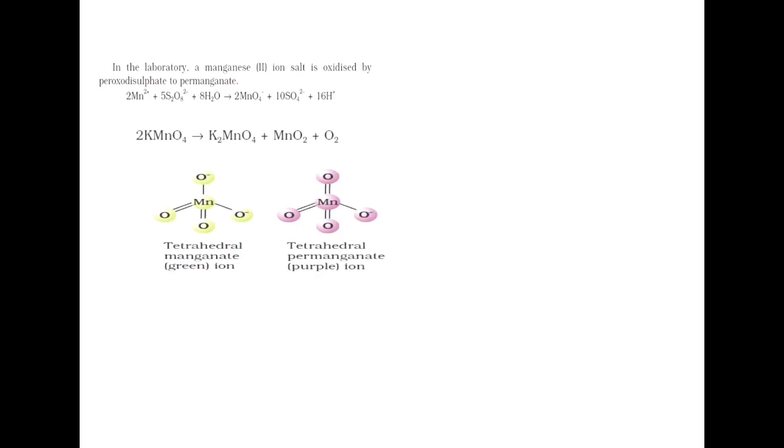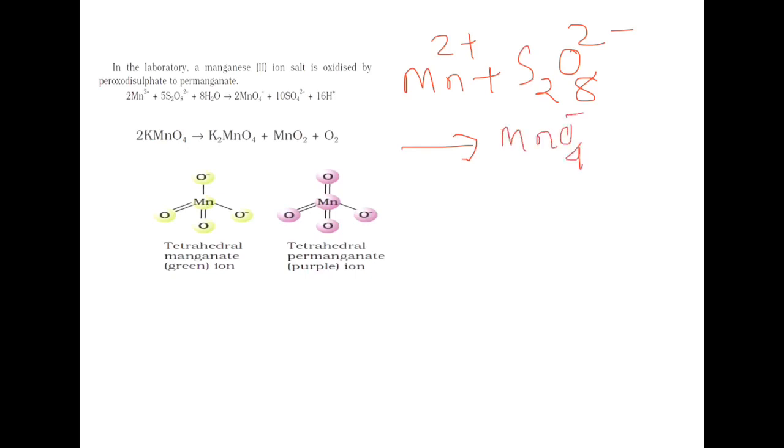The permanganate is also prepared in the laboratory. If we use Mn2+, manganese sulfate, on reaction with peroxydisulfate, S2O8 2-, the manganese form is converted to permanganate.